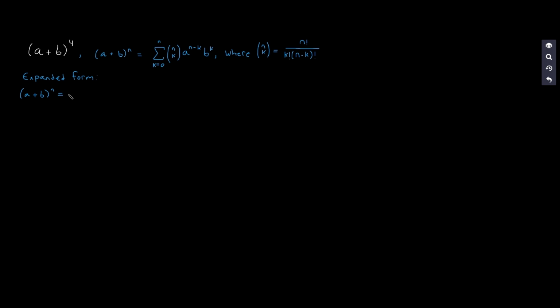So first we have to write the first coefficient. That is n choose 0 because k equals 0 and we're starting at 0. So n choose 0 times a raised to the power of n, because in this case it's going to be n minus 0, times b raised to the power of k, which in this case is just going to be 1, so we don't even have to write that in.